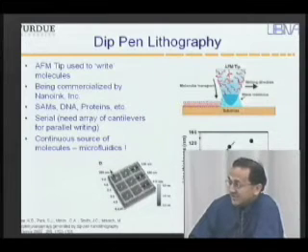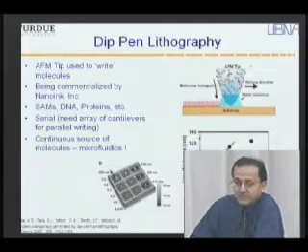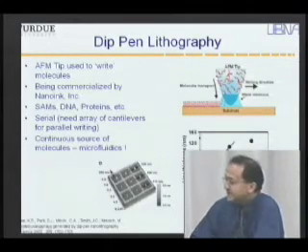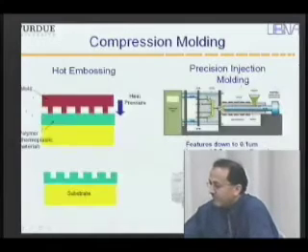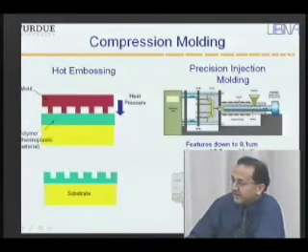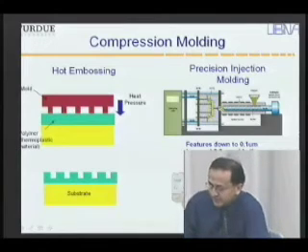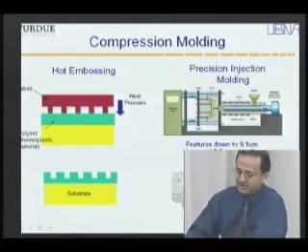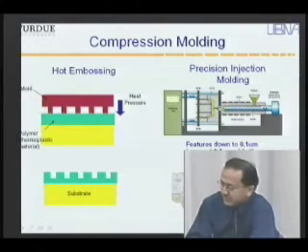Okay, then the second area is compression molding, and here you are talking about the manufacturing processes that most mechanical engineers and industrial engineers are very aware of, and you use the same processes except that you have miniaturized them. So the process of hot embossing is the following.